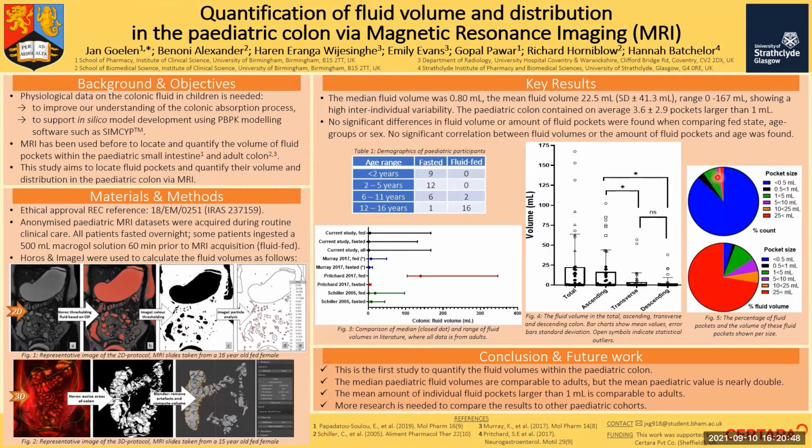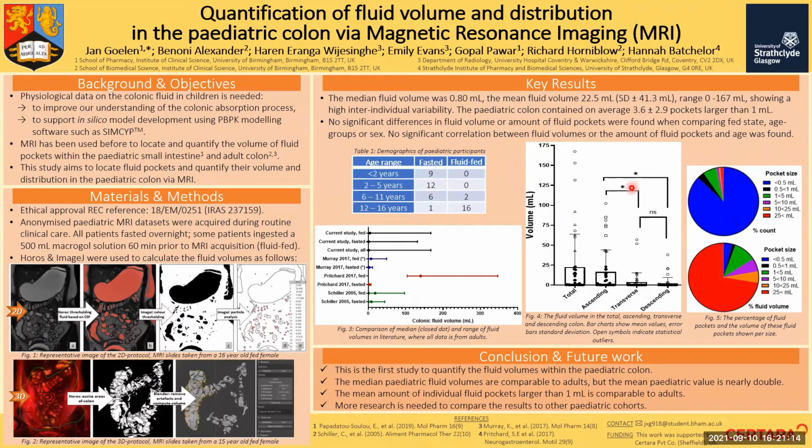But these 9.6% of pockets accounted for more than 94.5% of all the fluid observed, as you can see here. So this shows that only these 9.6% of pockets are really physiologically relevant.